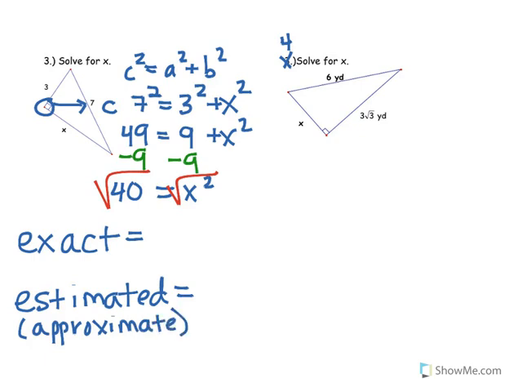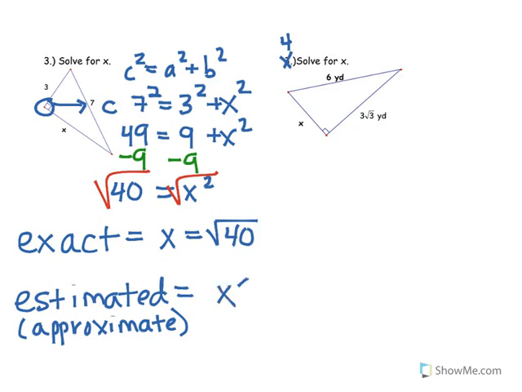Okay? So the exact answer means, okay, that's not a perfect square. I don't know that off the top of my head, the square root of 40. So I'm going to leave that underneath the radical. X equals the square root of 40. Okay? And then I have the estimated answer. And what I mean by the estimated answer is a decimal approximation.